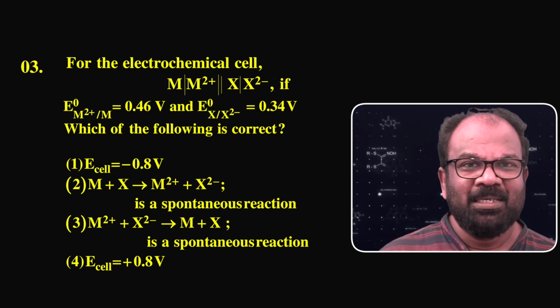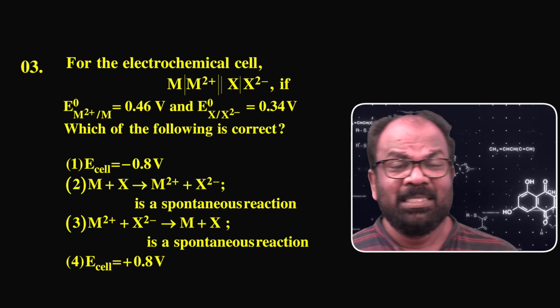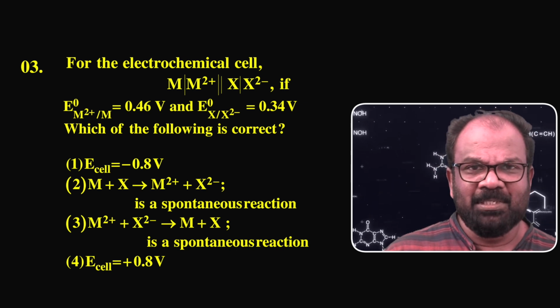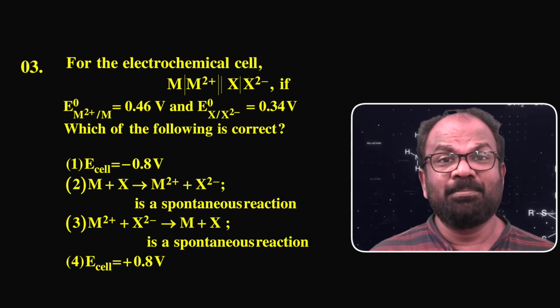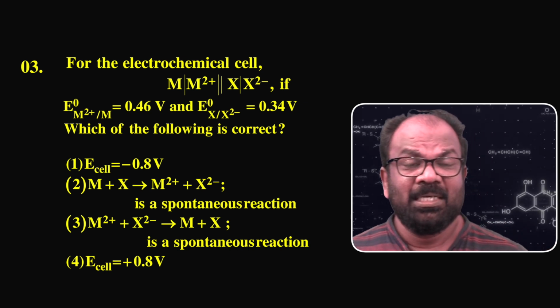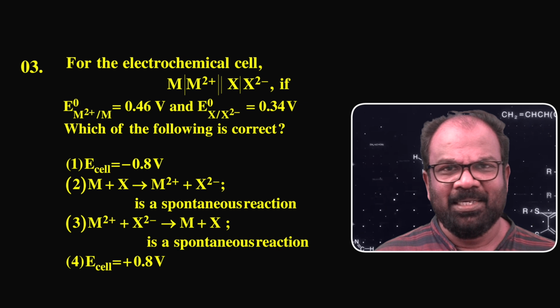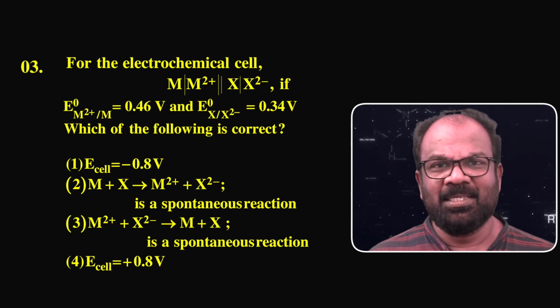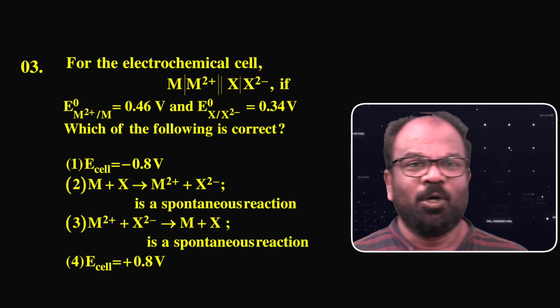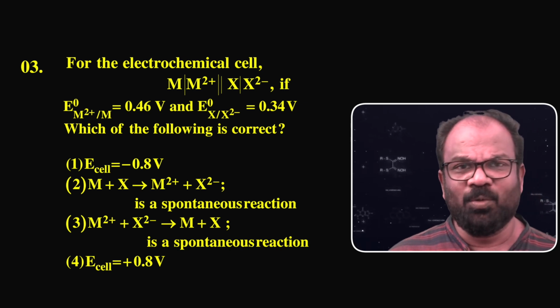Option number 1, E cell is equal to -0.8 volt. Second option, M plus X gives M2+ plus X2- is a spontaneous reaction. Third option, M2+ plus X2- gives M plus X is a spontaneous reaction. Option number 4, E cell is equal to +0.8 volt.